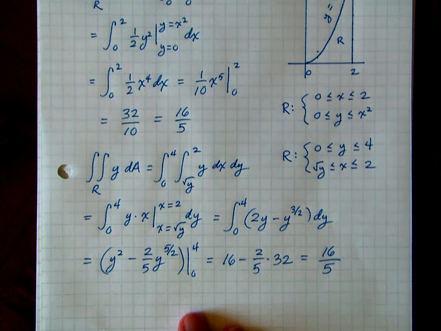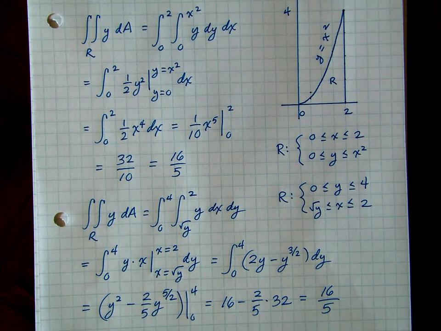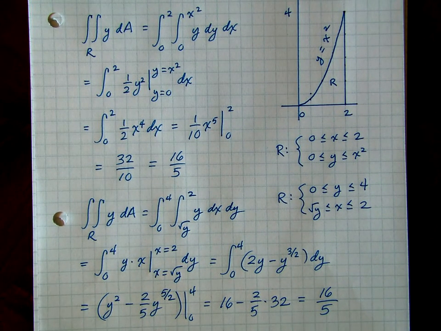You can decide for yourself which of the integrations is simpler, but they are equivalent, and it shows you when you're dealing with irregular regions, not simple rectangles where the limits are all constant, you do have a choice of how to describe the region. And that's the lesson for double integrals.